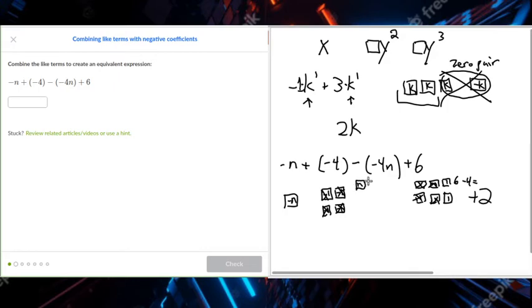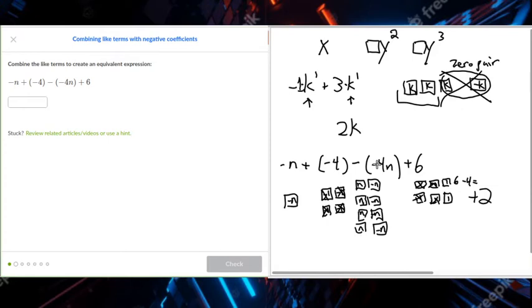Here's an n, and here's a negative n, and here's an n, and here's a negative n, and here's an n, and here's a negative n, and here's an n, and here's a negative n. So these are 0 pairs, so I didn't really change anything. This is 0, this is 0, this is 0, this is 0.